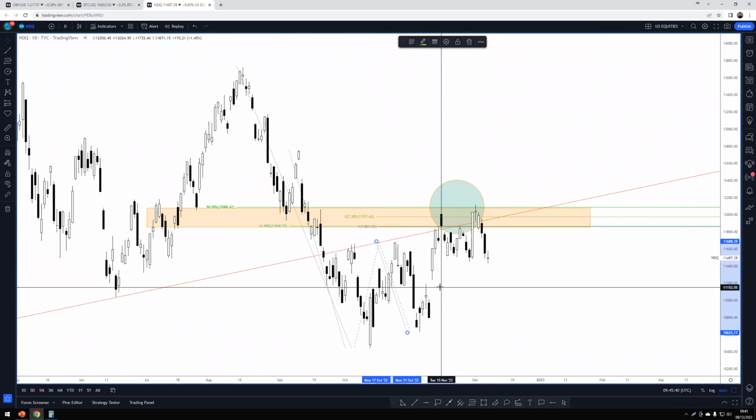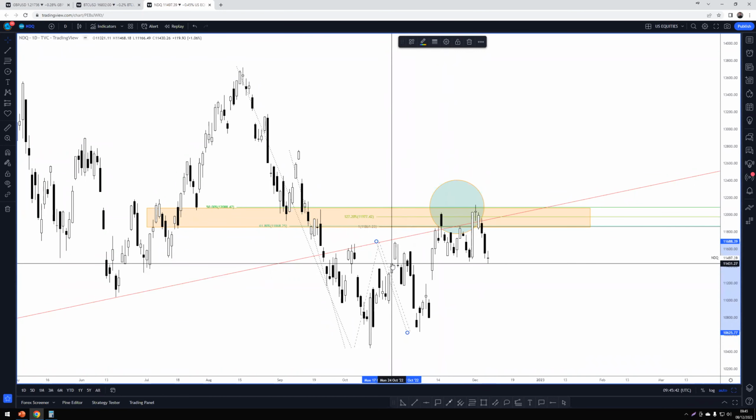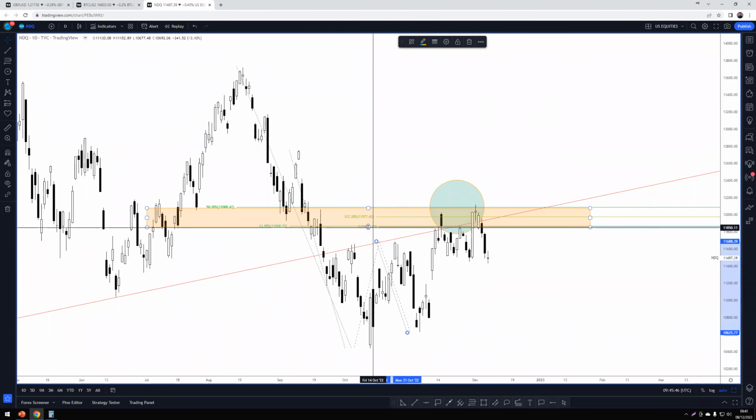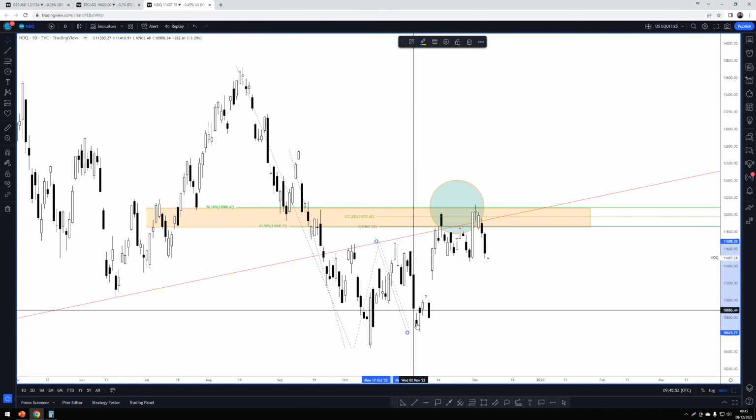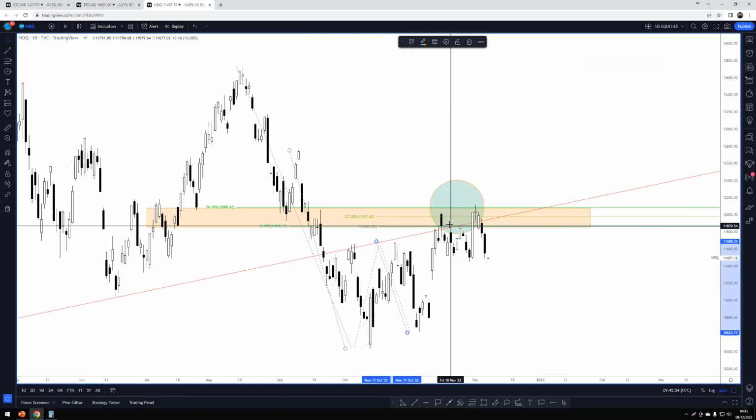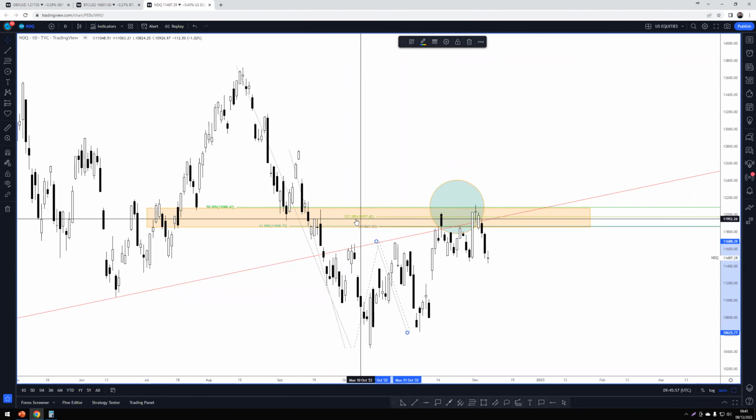Couple this with a 1.272, again taken from Carney's work. The AB equals CD, this 100%, and the AB equals CD reciprocal ratio for a 78.6 retracement would pinpoint a 1.27 retracement in his book, and that comes in at 11,977.